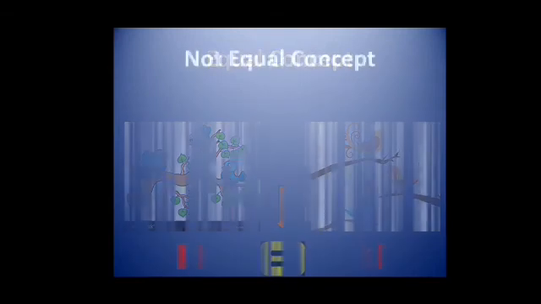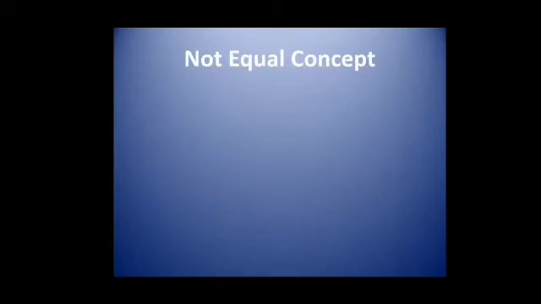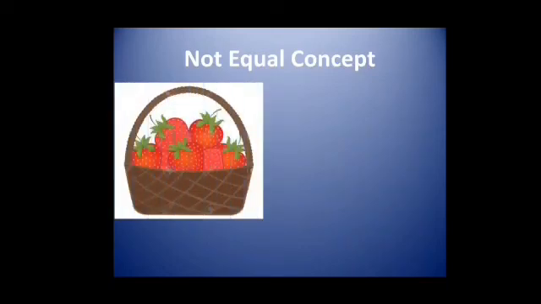Our last concept in this session is the not equal concept. When we compare two groups, the numbers or the quantity will not be the same. There may be more or less in one group. Shall we check with an example, kids? Now let's count and check the first basket.